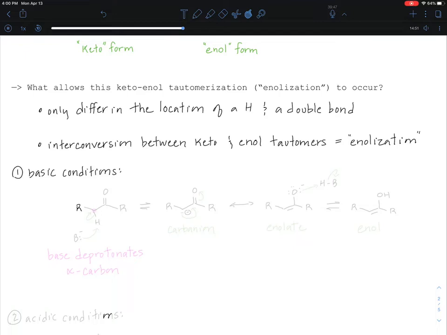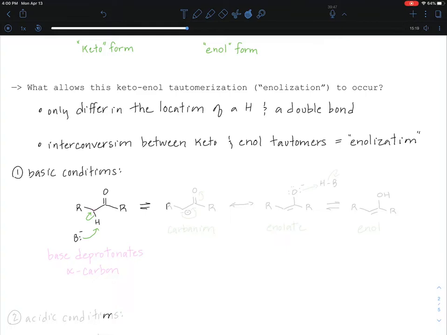So we've got our ketone here. I'm going to put in one of these hydrogens so that you can see what's going on. We've got a base, right? So we'll just draw a generic base. This is going to come in, and it's going to take this hydrogen away. And when it does, these electrons are going to come back and sit on that carbon.